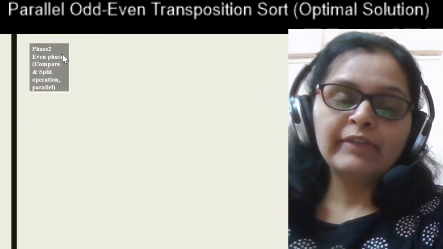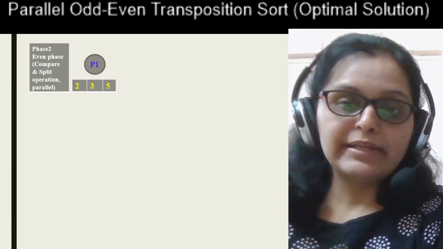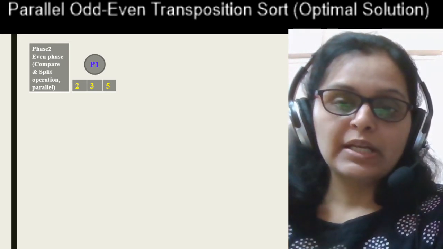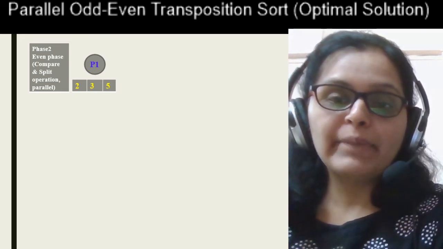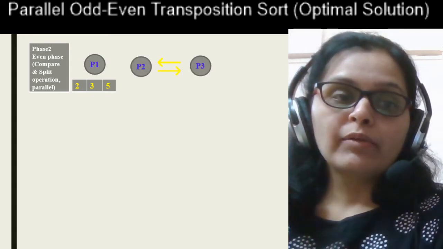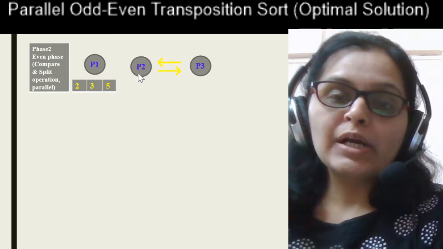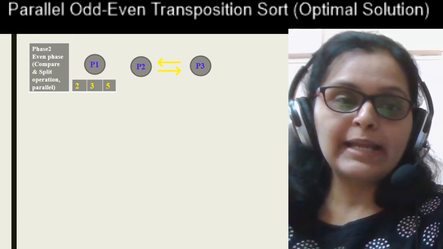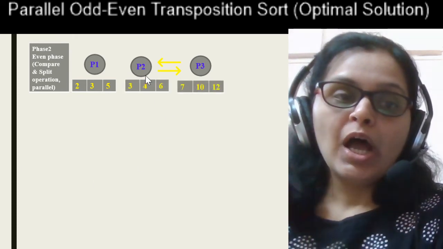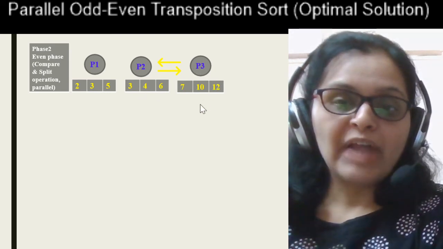Now in the even phase, just see, P1 I am keeping as it is. Why? Because it is an odd labeled process. It will not take part in compare and split operation. Next, see students, the first even labeled process is P2. So P2 will do the compare and split operation with its neighbor, that is P3. So this is the compare and split operation. P2 will retain the lower half, P3 will retain the higher half.